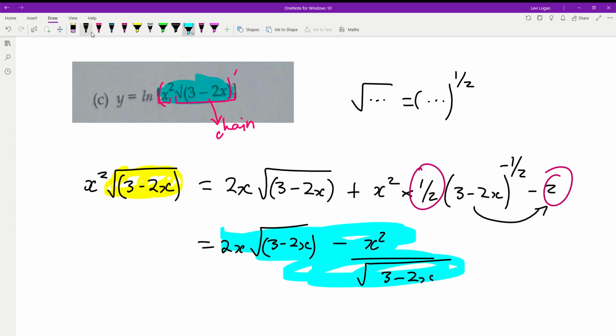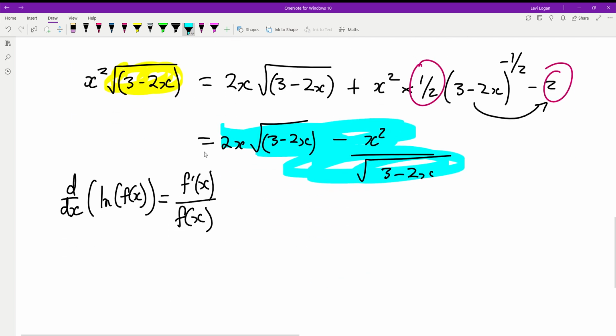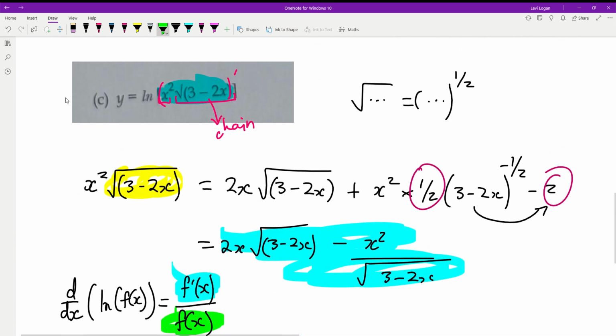Okay, and then remember, if we're differentiating a log, so if we have the differential of natural log of f of x, that'll be f dash of x on f of x. So this is your f dash of x, which goes up here, and your f of x, in this case here, I chose blue again for that.